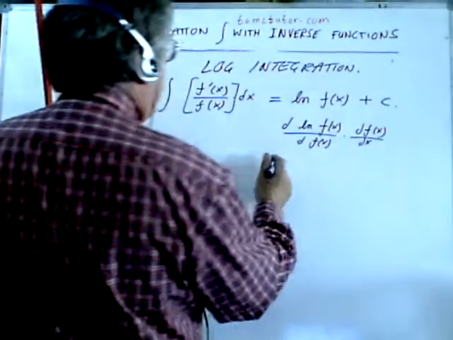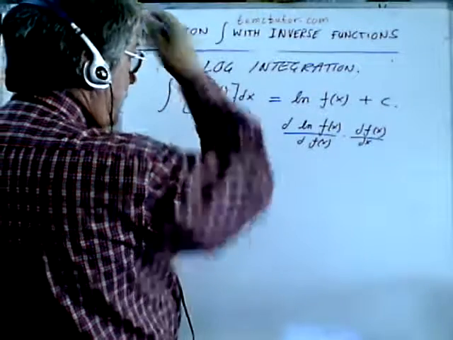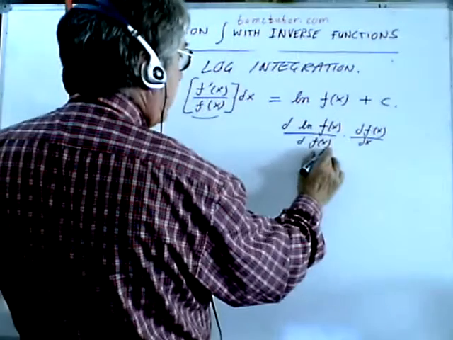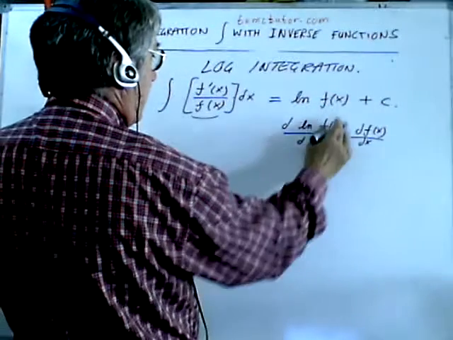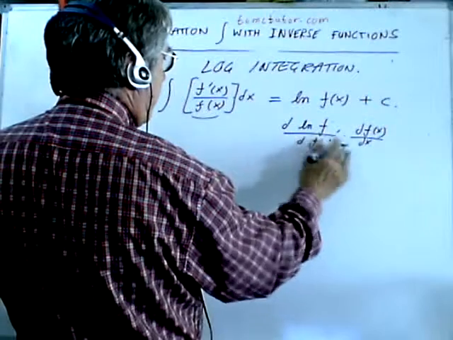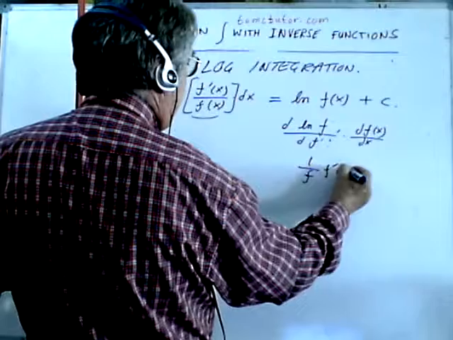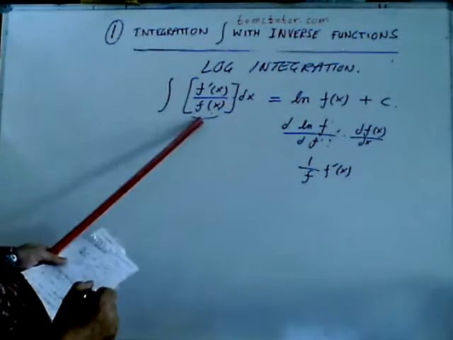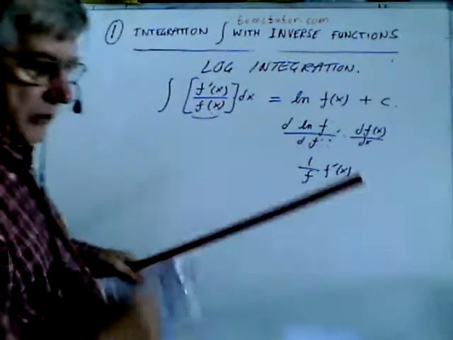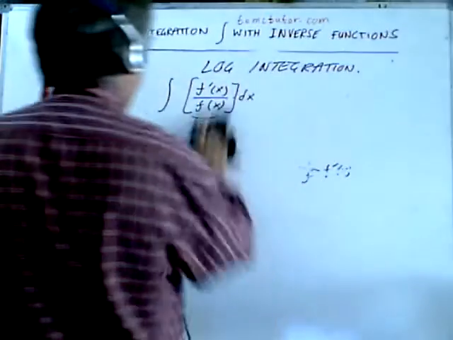So I should end up here. Well, the differential of a log with respect to its function is just 1 over f. And that, of course, is just f dash of x, which is exactly what's in there. So that's the method we use. I'll give you an example.